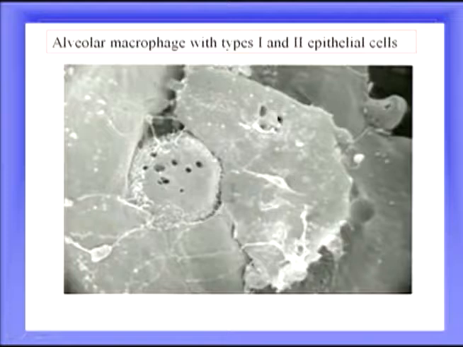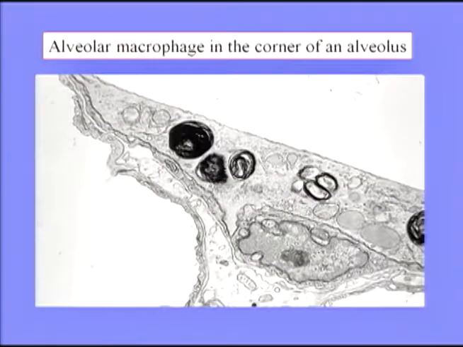And in this beautiful micrograph, here's the alveolar macrophage, here's a type 2 alveolar epithelial cell, and here are some type 1 cells here. So it's a beautiful micrograph indeed. Here's another view of an alveolar macrophage. And at first you might have a bit of a problem working out what's going on, but here's part of the wall of the alveolus here, going down here and going out here.